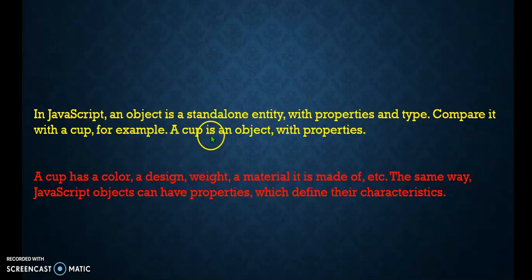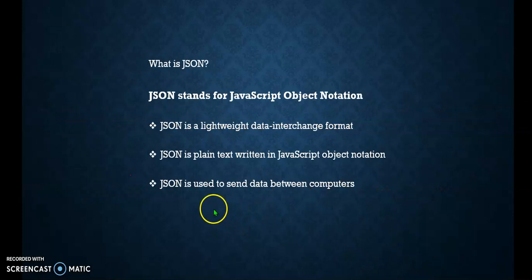A cup, if it's an object, has properties, and the properties that the cup has could be its color, design, weight, the material it is made of, and etc. This is the same way JavaScript objects can have properties which define their characteristics. Now understanding this, we know what a JSON looks like. JSON is just more like a JavaScript object.